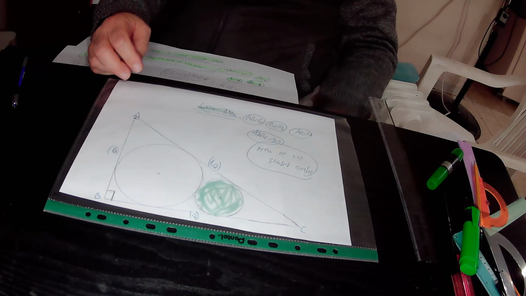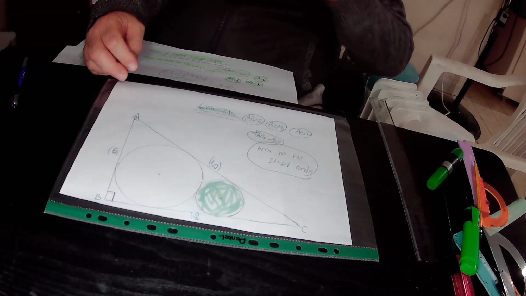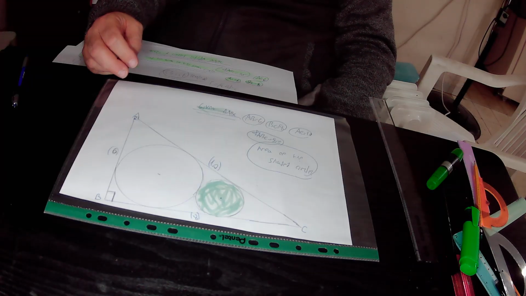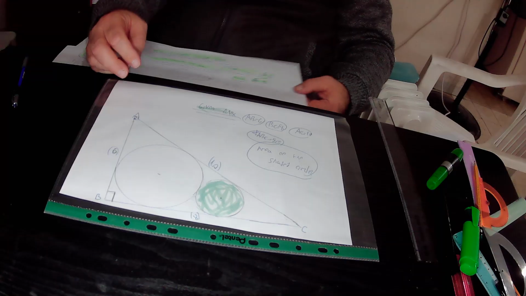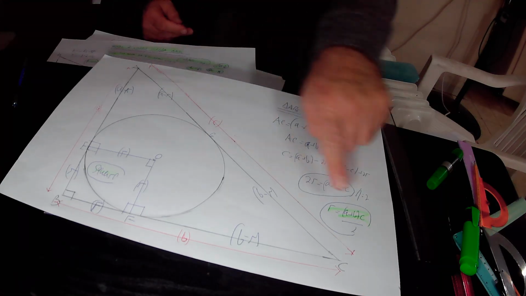So, again, our task is to find out the area of this given circle. In the first step, we find a general formula for the radius of any circle that is inscribed in a right triangle. This is the right triangle ABC.